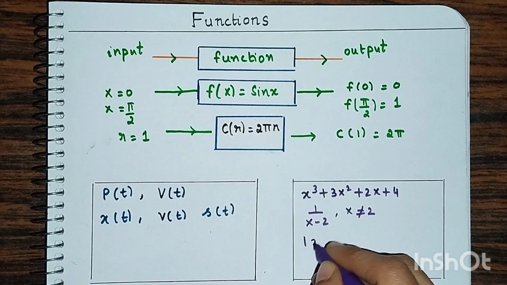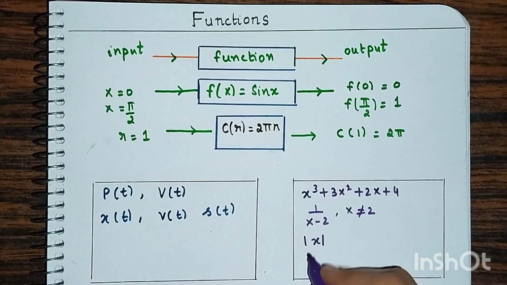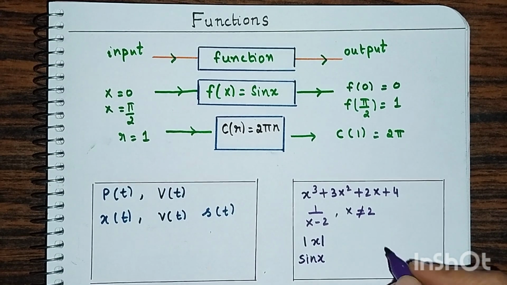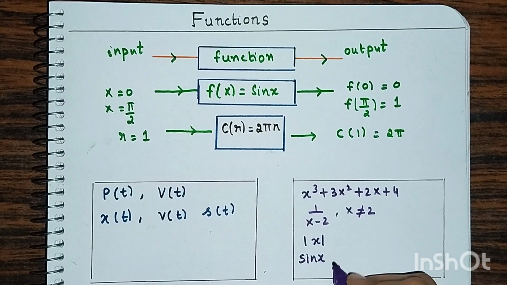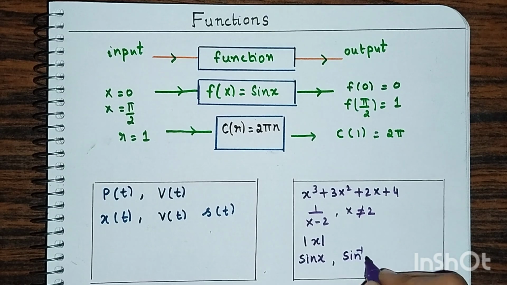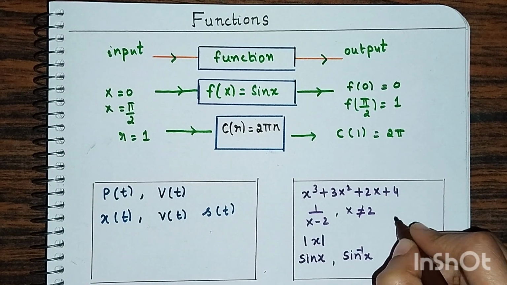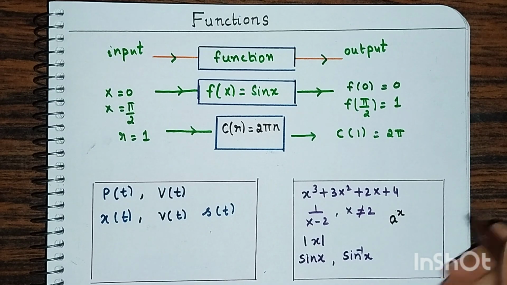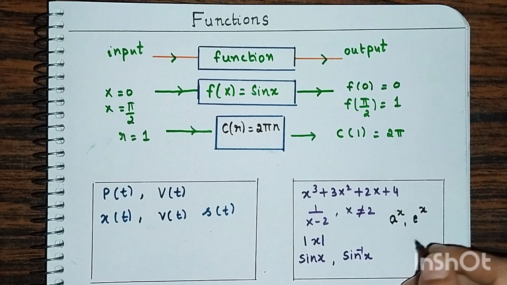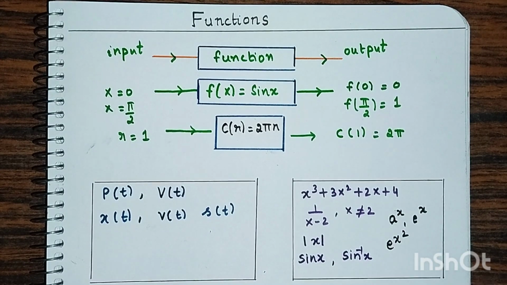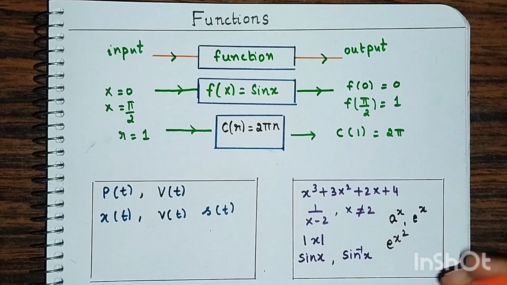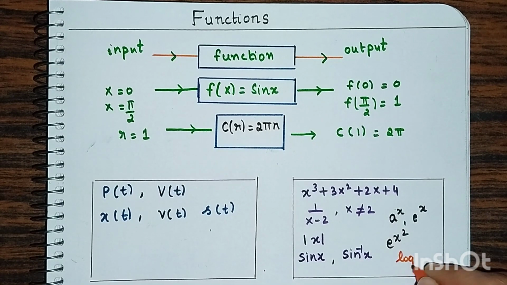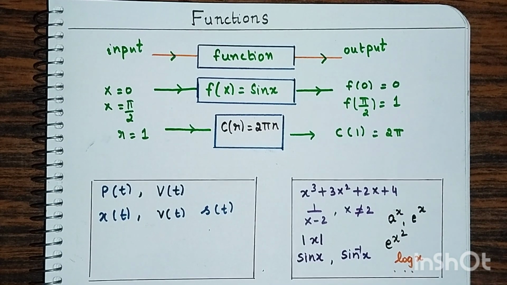We have studied modulus function, trigonometric functions sin x, cos x, tan x, right? Inverse trigonometric functions sin inverse x, cos inverse x, tan inverse x. We have studied exponential functions a to the power x, e to the power x, e to the power x square, right? And we have also studied logarithmic function, log x plus b, right? So these are all the functions, and similarly there are many other functions like that.